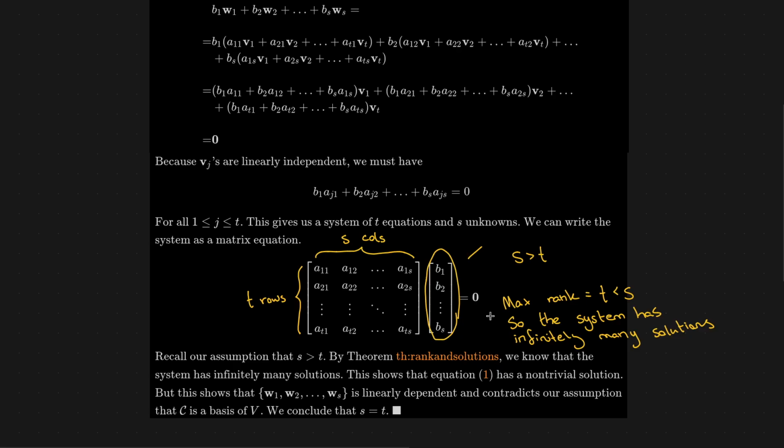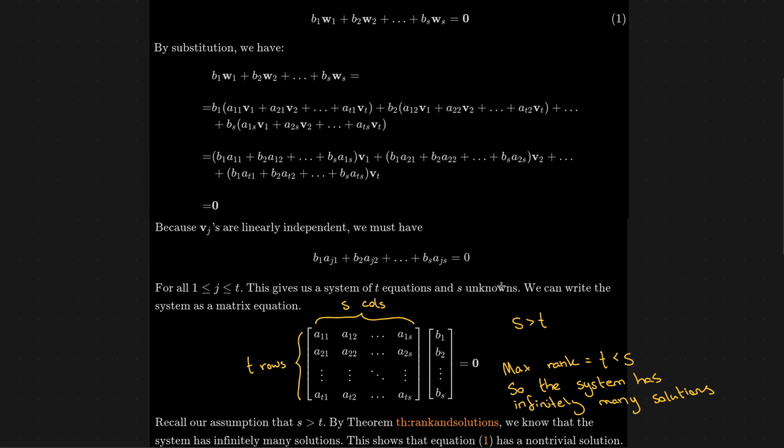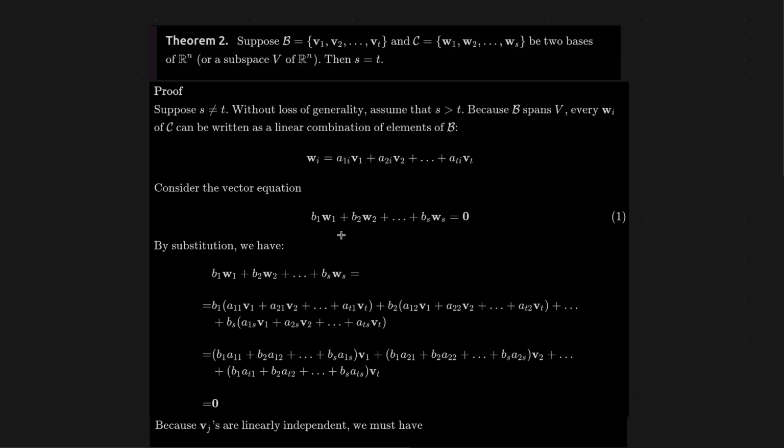If we have infinitely many solutions, that wouldn't be the only solution being all zeros. So there would be some way to choose the b's so that they aren't all zero, right? Which means these are the same b's. We could use those same b's that aren't all zero to solve this equation.